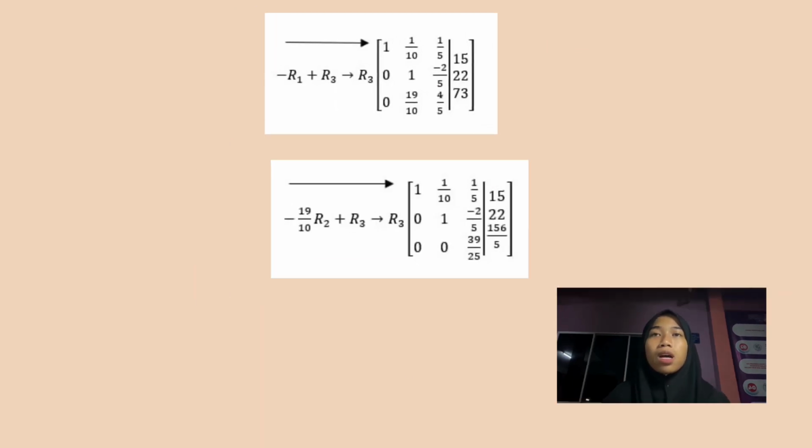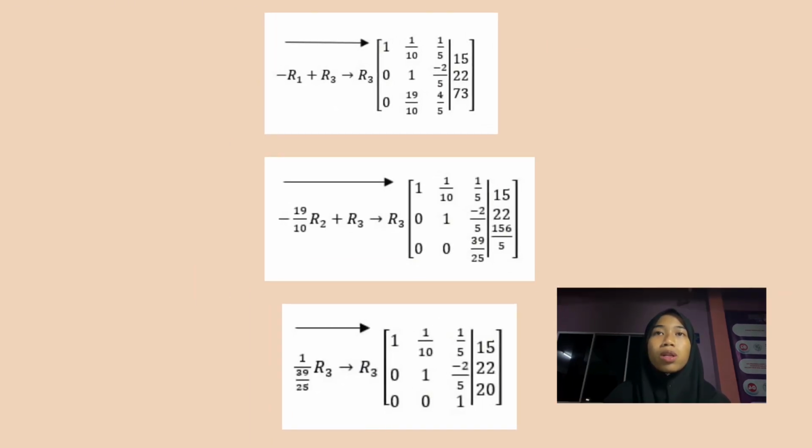So the answer is 0, 1, negative 2, and 110. The next step is we want to change row 3. The calculation is negative R1 plus R3. So the answer is 0, 9 over 10, 4 over 5, and 73. Next we want to change row 3 again. The calculation is negative 9 over 10 R2 plus R3.